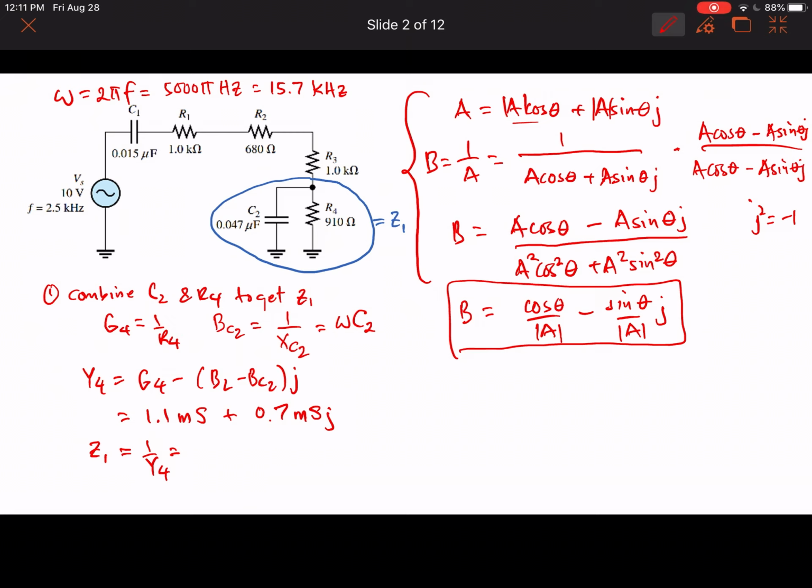So in MATLAB, Z1 will give us 627 ohms minus 421 ohms j hat. Now that we've solved for Z1, this is the equivalent circuit there.